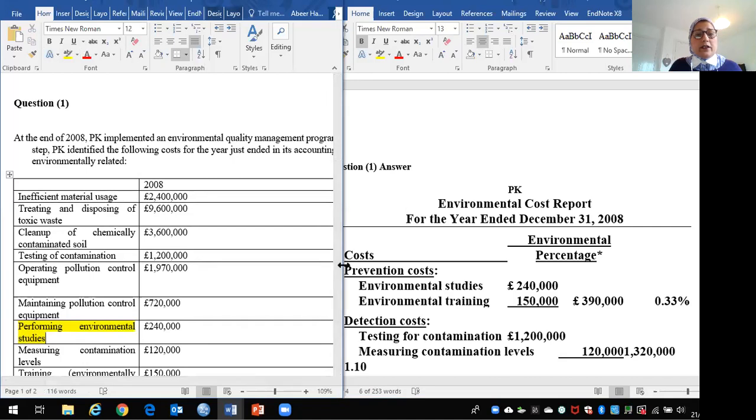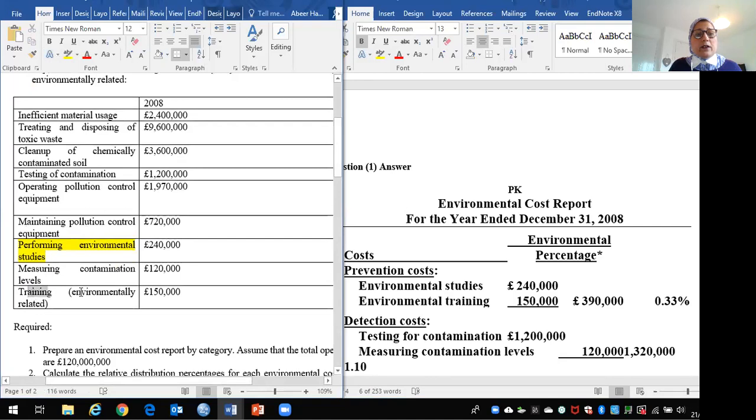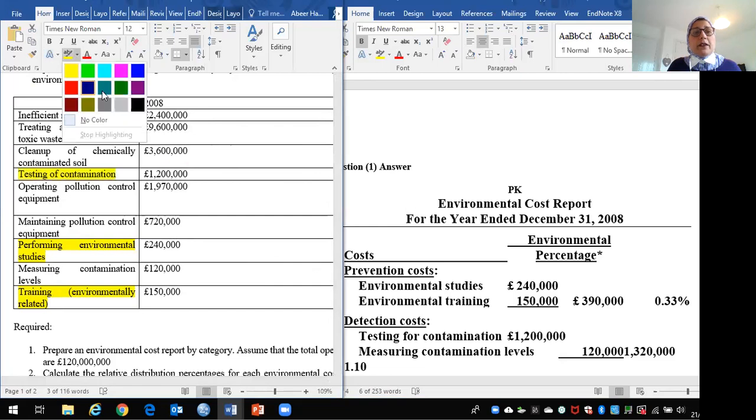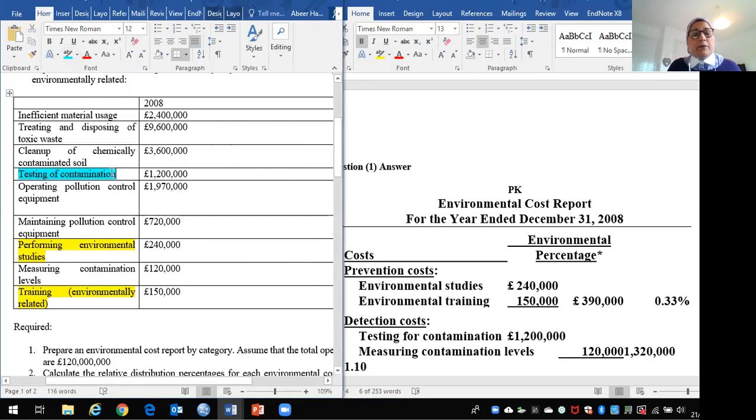Environmental studies and environmental training, these are prevention activities. Detection: testing for contamination or testing for pollution, I will make it blue. And measuring contamination levels, this is detection, we'll make it blue as well.